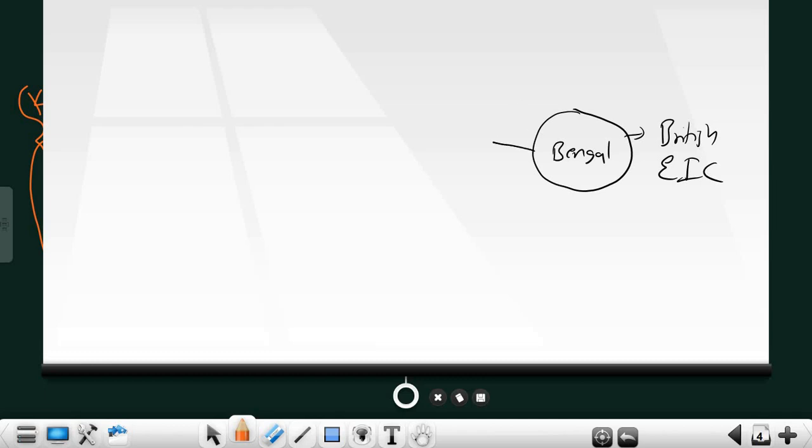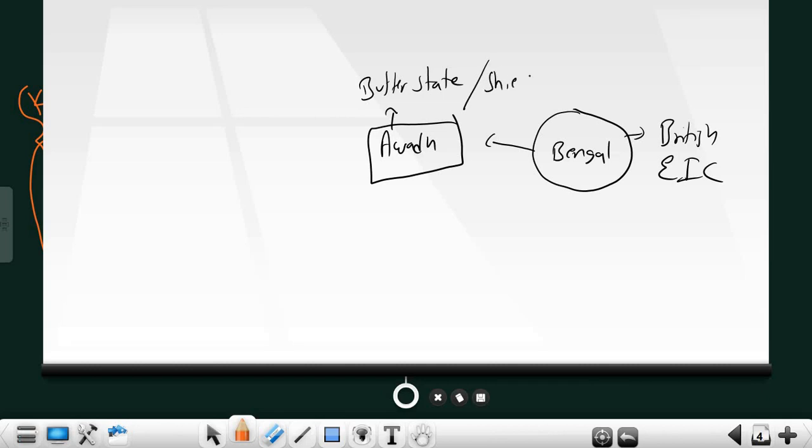And after the Treaty of Allahabad, they made Awadh as a buffer state, or you may call it as a shield against the Marathas.